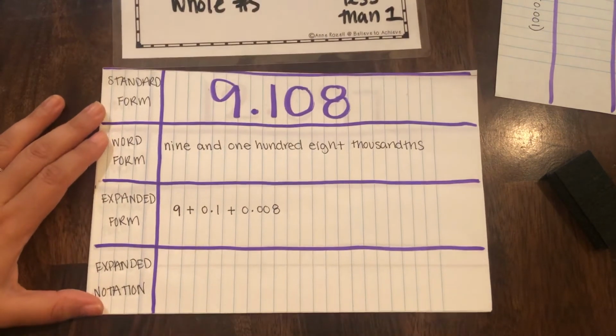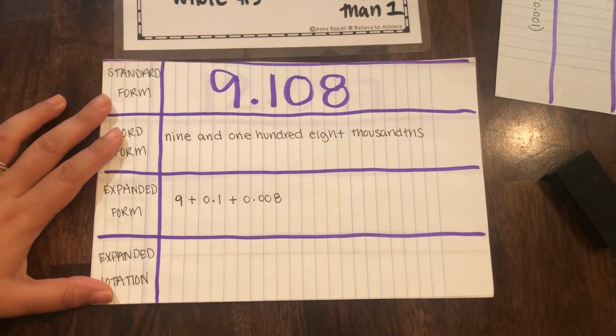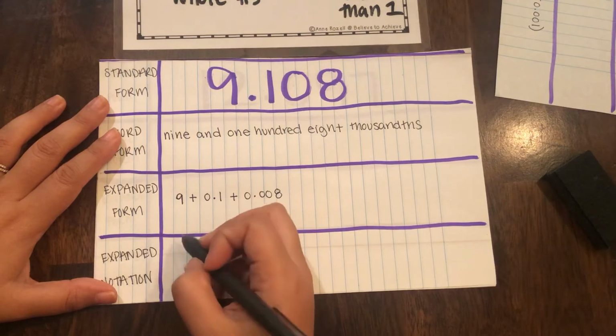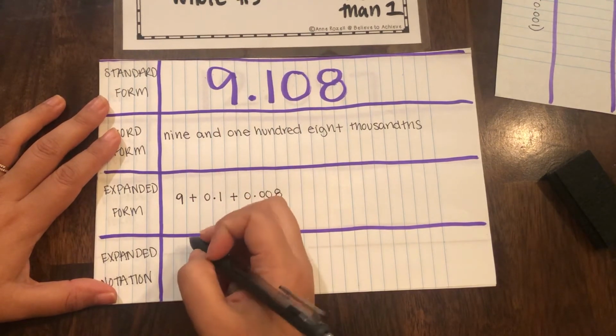Okay. And then finally, we're going to have expanded notation. So remember, we're going to multiply each digit by the value of the place value.